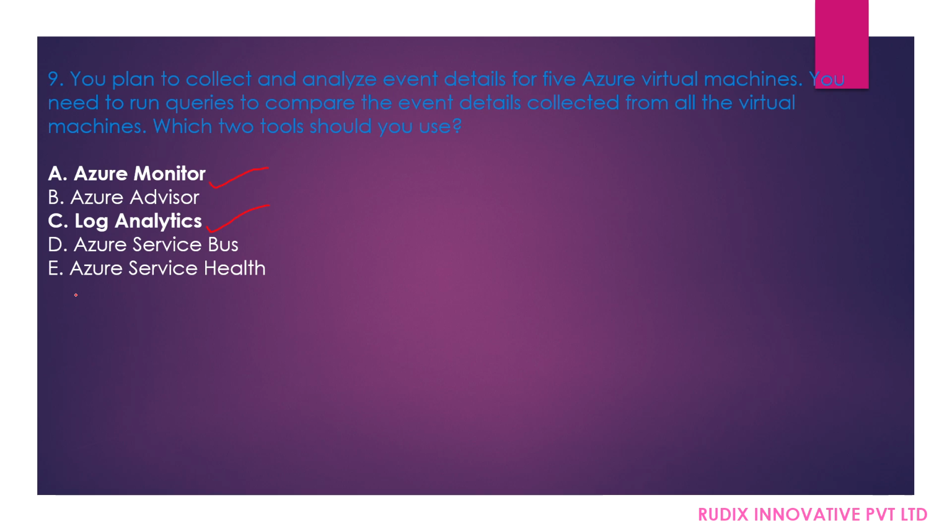Option D, Azure Service Bus, is a messaging service for connecting applications and services across cloud and on-premises environments. Option E, Azure Service Health, provides personalized guidance and support updates regarding Azure service issues and planned maintenance, but it does not offer querying and analyzing event details from virtual machines. So, the answer is Azure Monitor and Log Analytics.